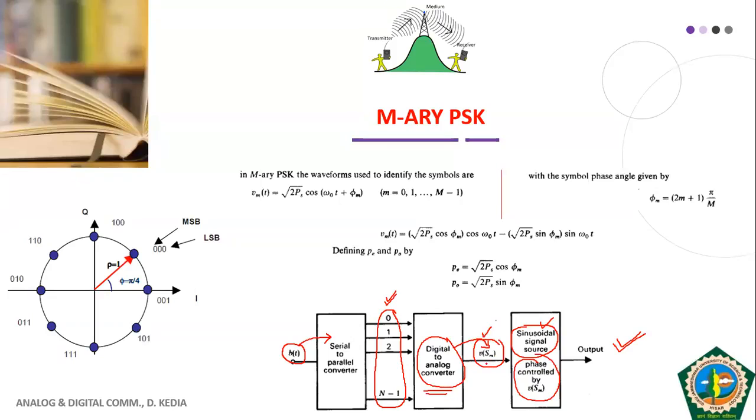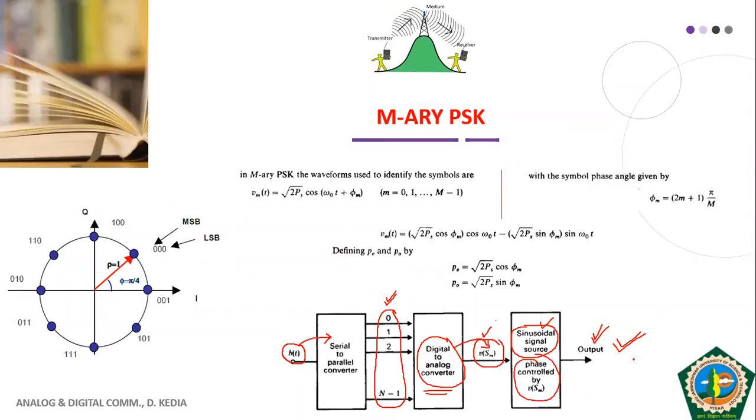This D2A converted voltage value will provide us a particular phase angle for the sinusoidal signal. Depending on the value corresponding to that n bit symbol, we will be able to get phase shifted sinusoidal signals.